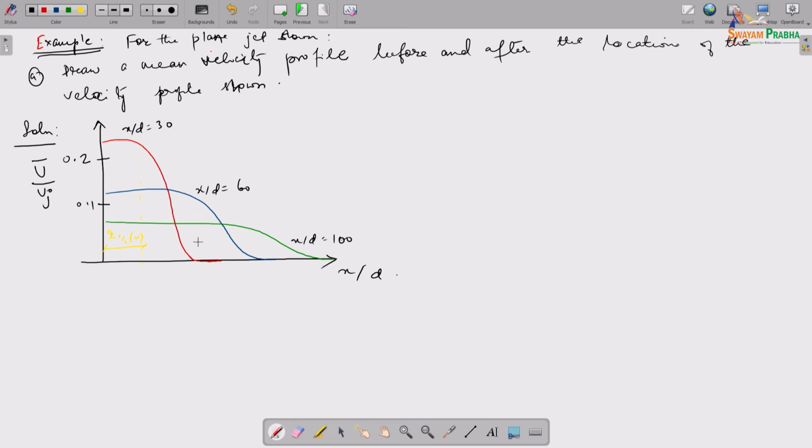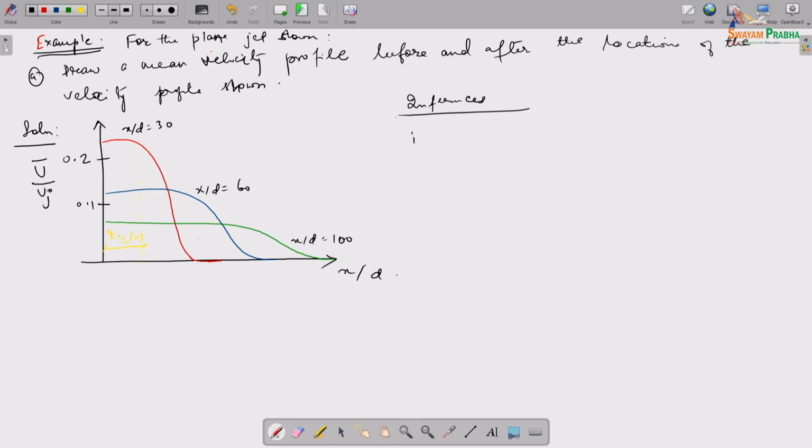Now u naught, which is the center line velocity. Now these are the inferences we get, right. Inferences. Okay.